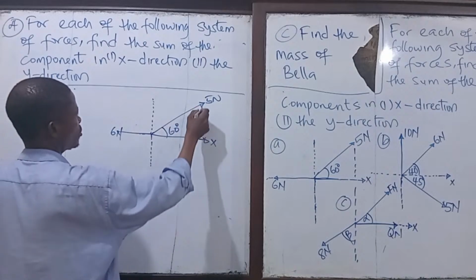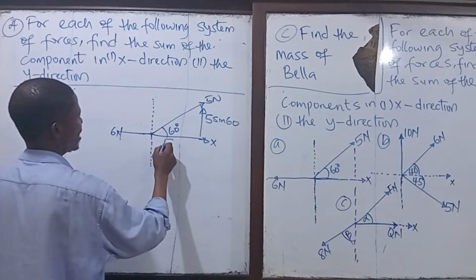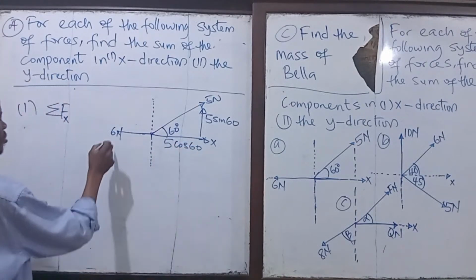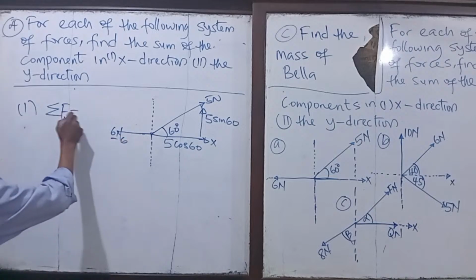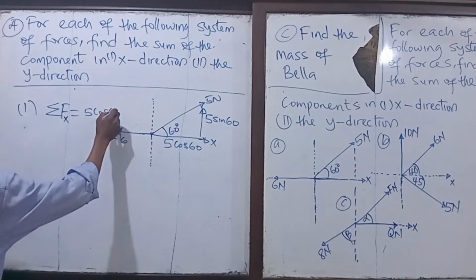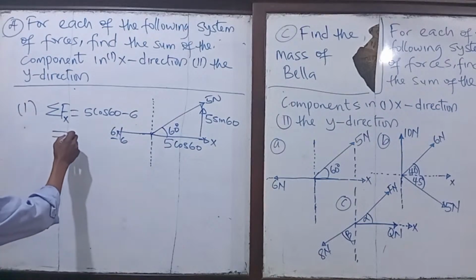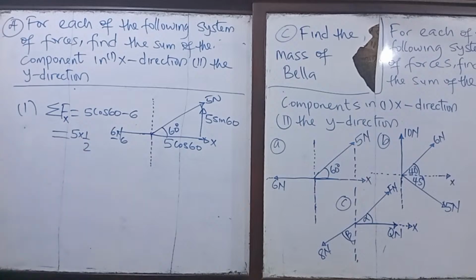So this will be equal to what? 5 sine 60, this will be 5 cos 60, and this place will be minus 6. So for the forces on the horizontal, it's going to be 5 cos 60 minus 6. That's the answer for that. Then we can use mathematics: cos 60 is half, so 5 times 1 over 2, since cos 60 is adjacent over hypotenuse.